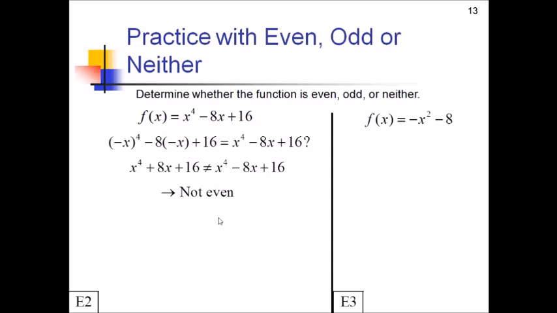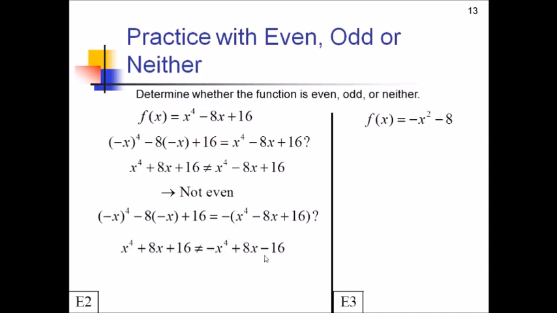Let's try the odd test now. Now we're going to negate this entire function and see if plugging in -x gives us that. So we still have x to the 4th plus 8x plus 16 on the left. On the right side, we have -x to the 4th plus 8x minus 16. Again, it's pretty similar, but not quite close enough. So this is not odd either.